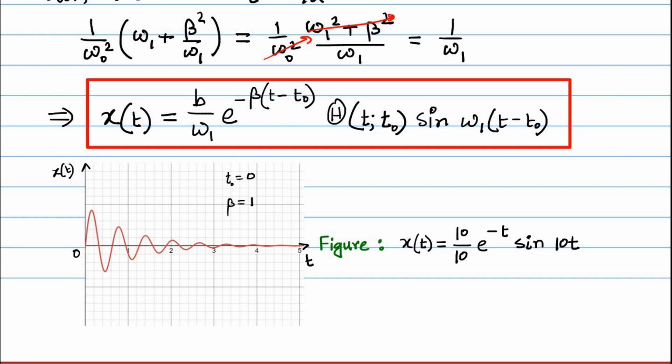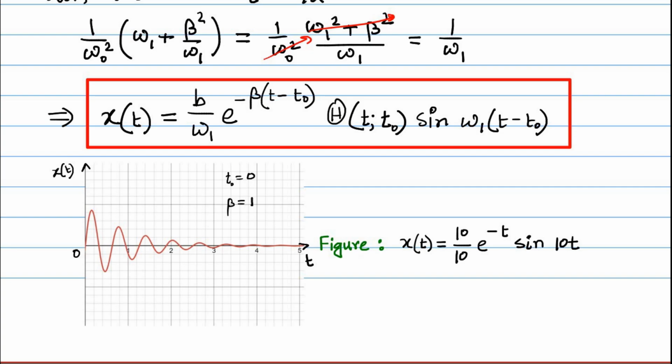Then the area, remember b was the area, so that is 10, and you notice in front of the exponential decay, by in front I mean to the left, you can see beta b is divided by omega 1.